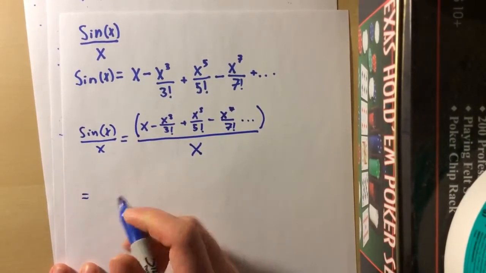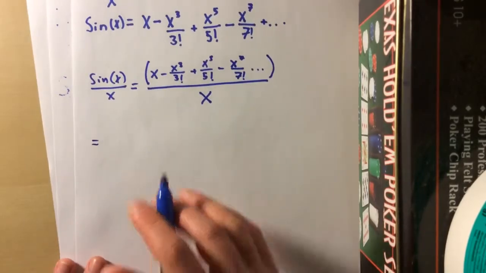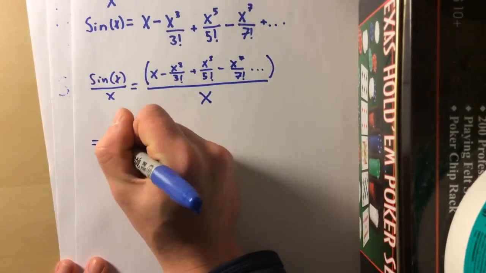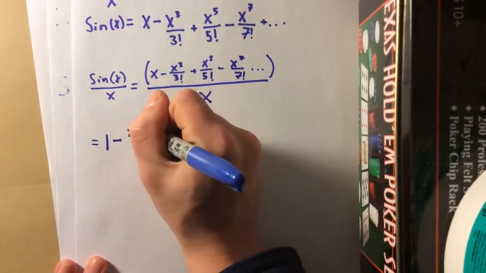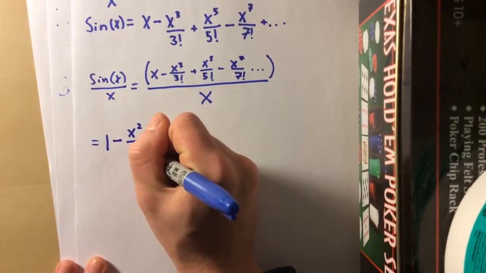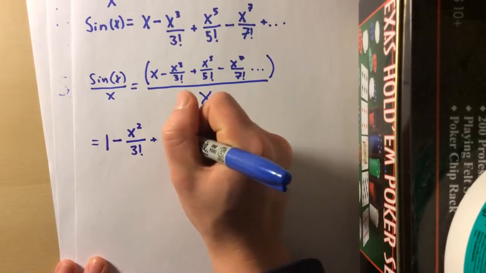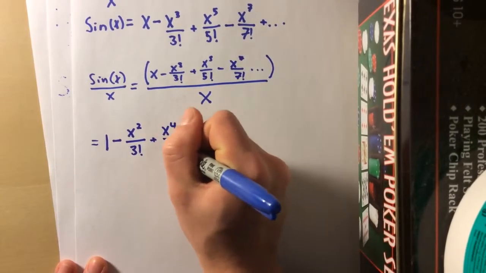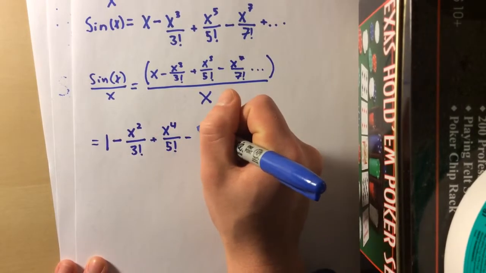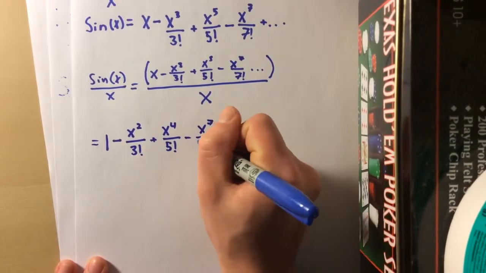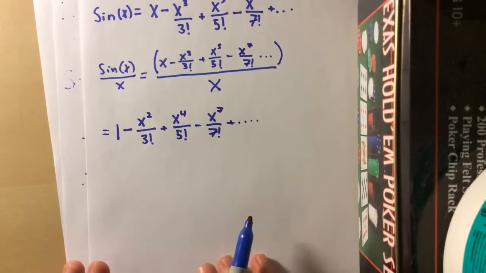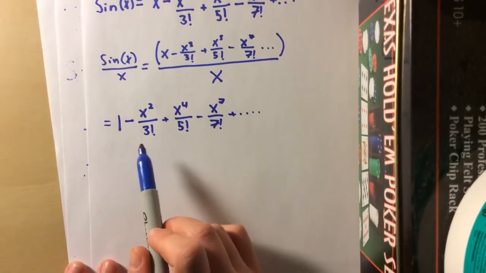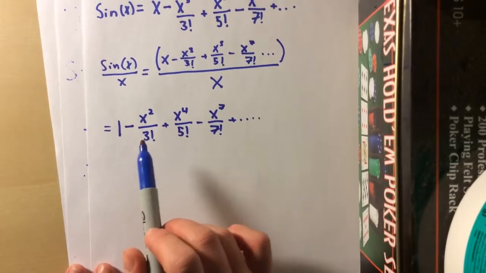So if we rewrite that, that first one's just going to be 1 minus, well, x cubed is going to turn into x squared. Factorials are not affected. And you can keep on doing that.